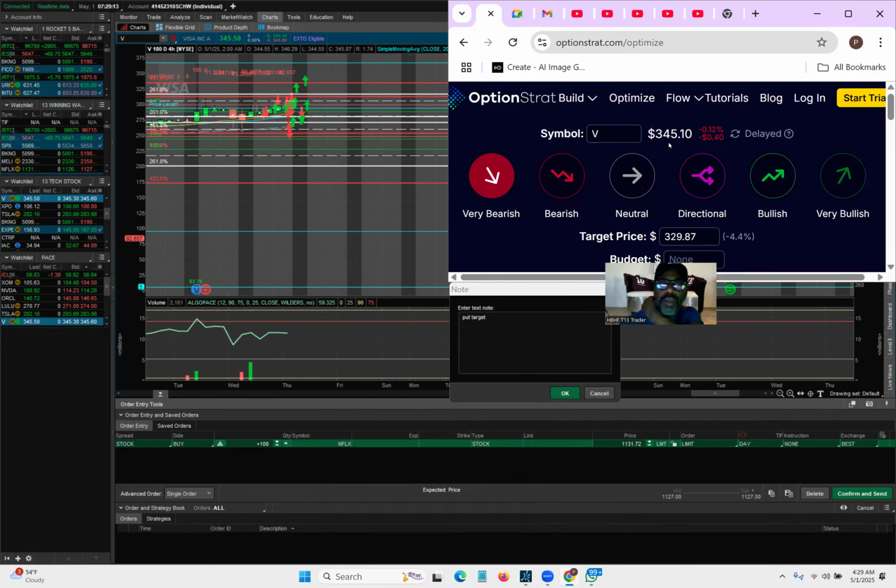That means it opens up, it resists the 345. And that to me is telling me that it's creating lower highs off of this market, off its close. It's off this high.